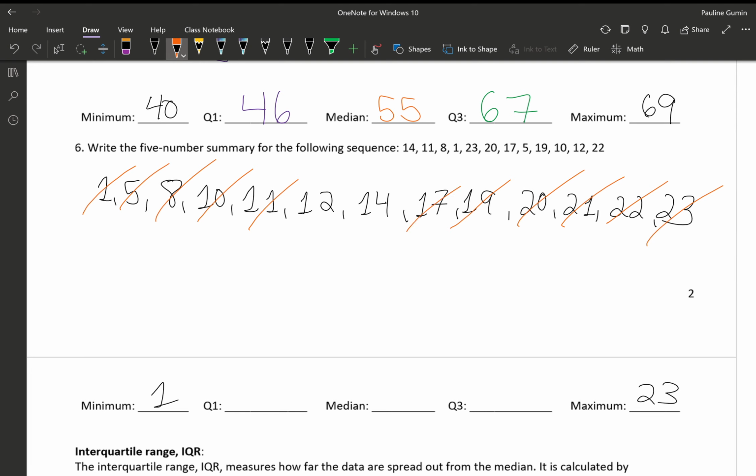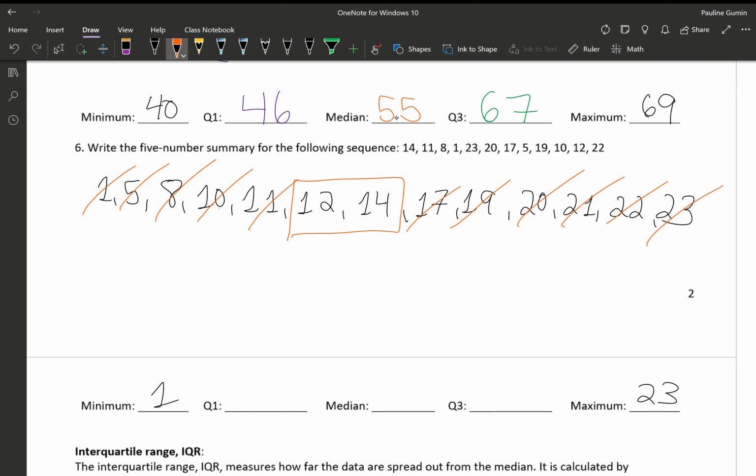And it looks like we are left with two numbers in the middle, which is very different and very strange. Let's see what happens here. I'm missing a number. Something went wrong.